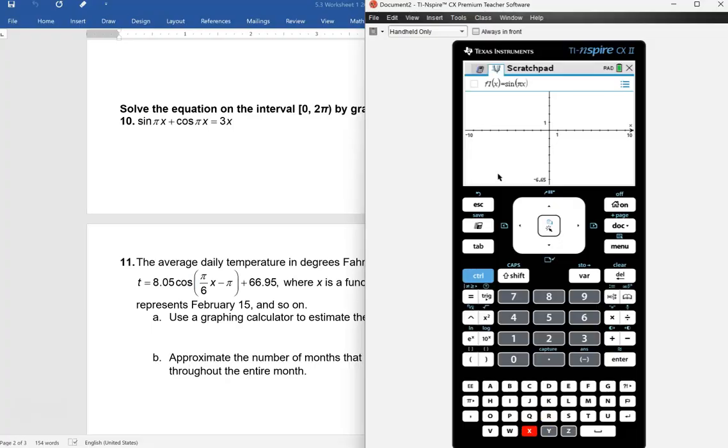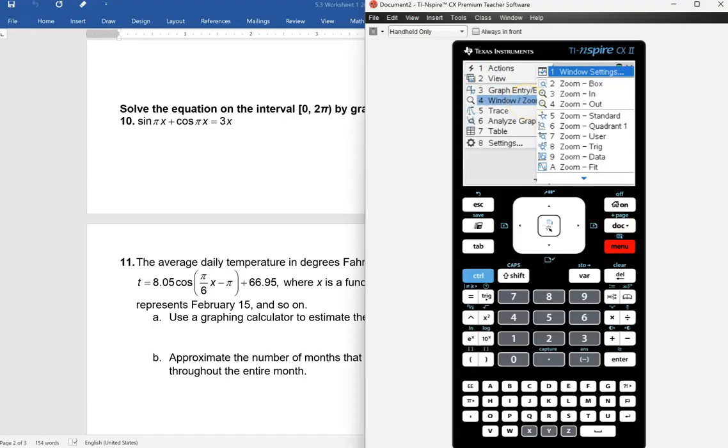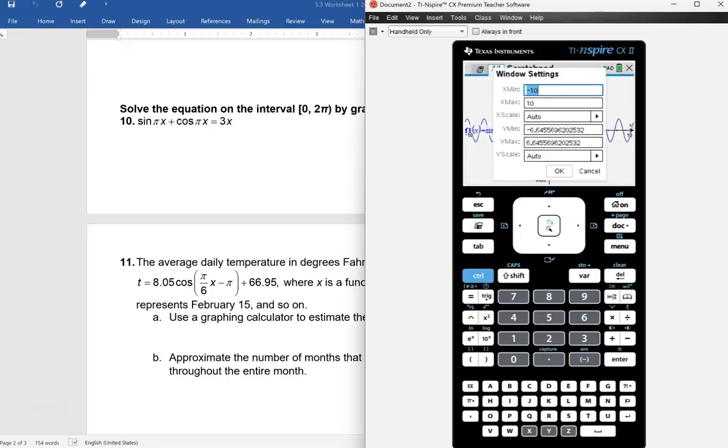So sine pi x plus cosine pi x. Okay, so we have this, but then I want to put it in radian, and I want to go to window settings from 0 to 2 pi.